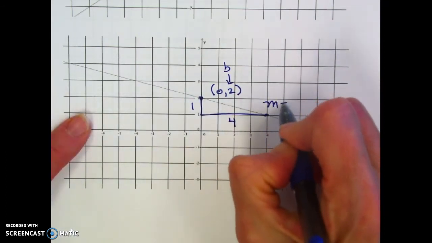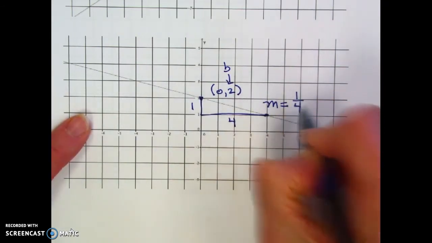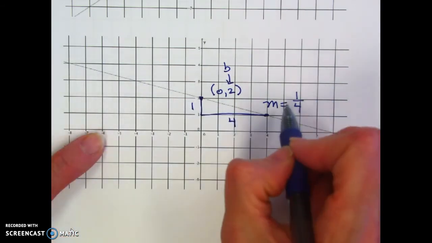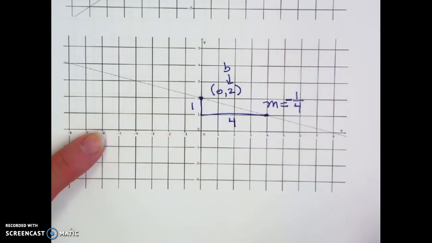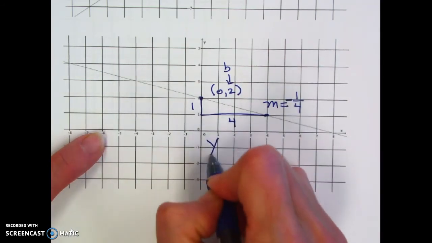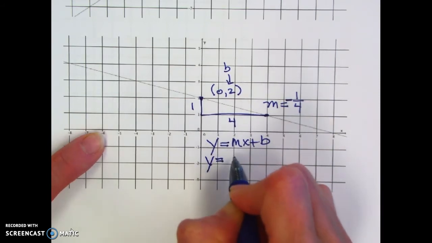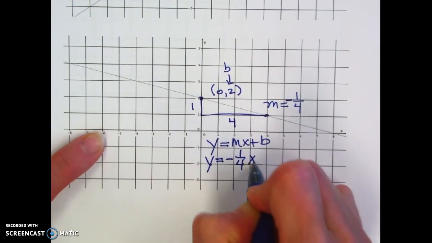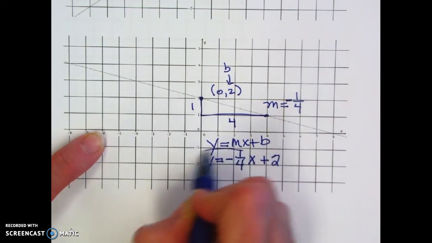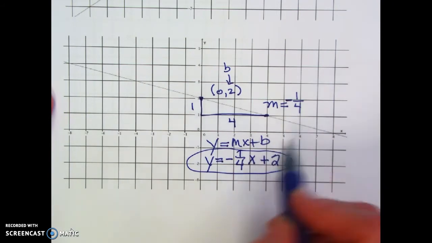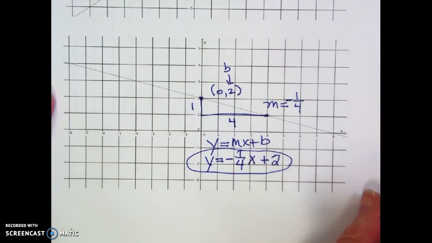So our slope is 1/4, but we are going downhill from left to right, so our slope is actually negative 1/4. So y equals mx plus b. We have m as negative 1/4 and b as 2. So that's the equation for this line, y equals negative 1/4 x plus 2.